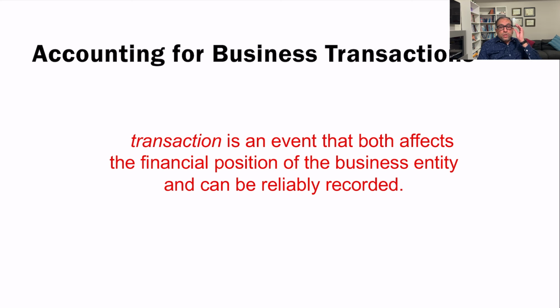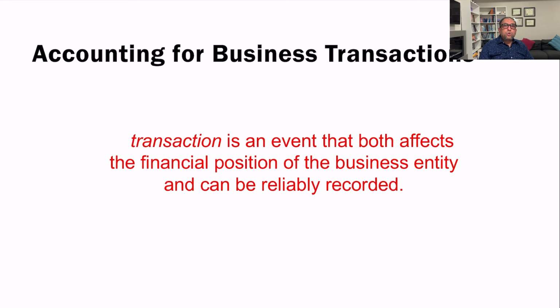Now, accounting for business transactions. A transaction is an event. Now, what is the definition of a transaction? A transaction is an event that both affects the financial position of the business entity and can be reliably recorded. So we call it a transaction and we record it.